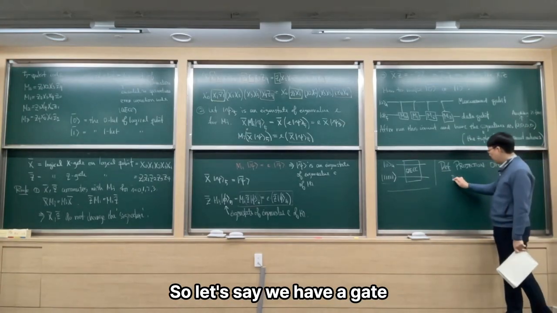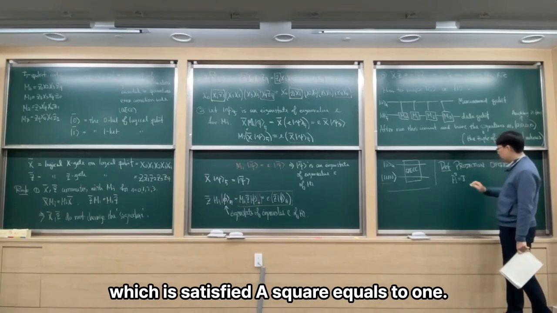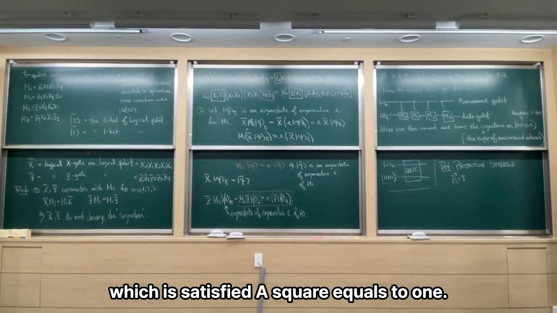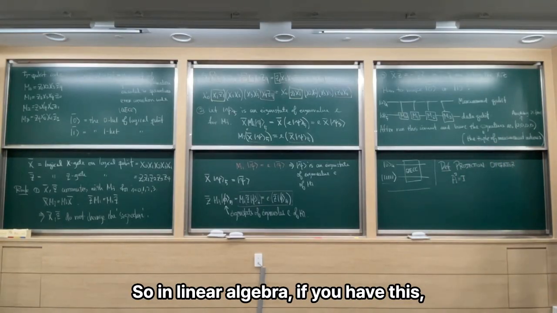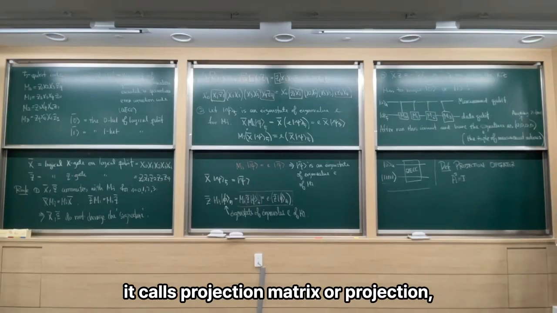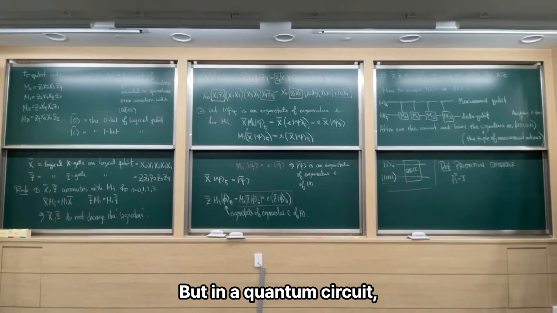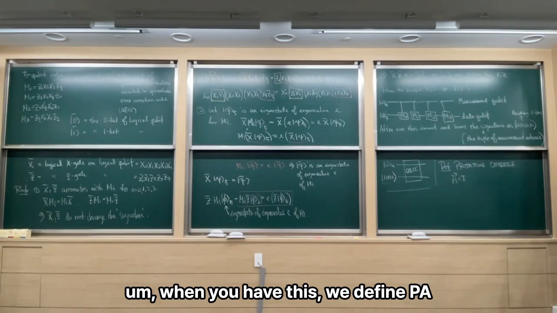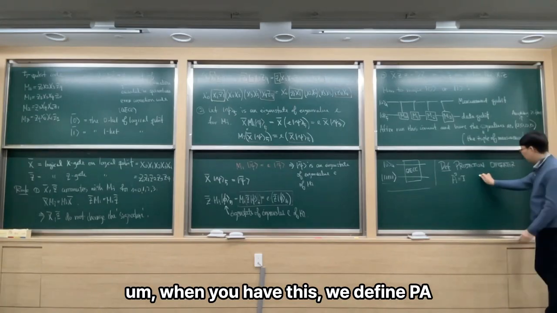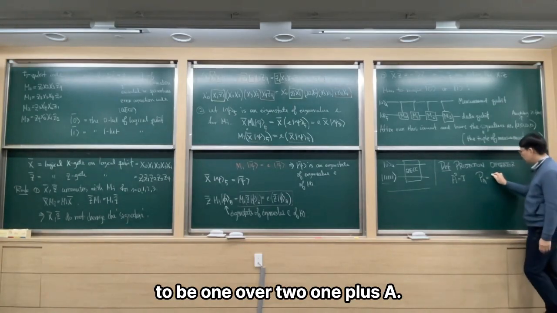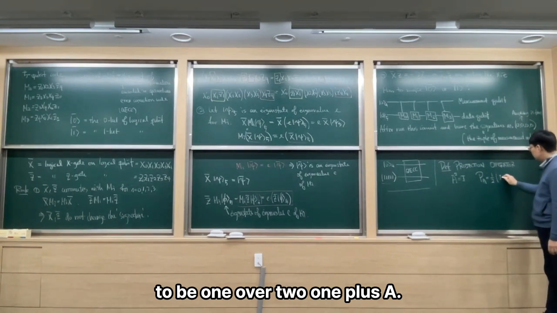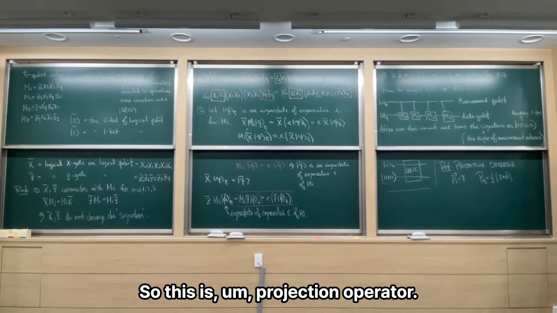So let's say we have a gate A which satisfies A squared equals 1. In linear algebra, if you have this, it's called a projection matrix or projection transformation. But in a quantum circuit, when you have this, we define P_A to be 1 over 2 times (1 plus A). So this is the projection operator.